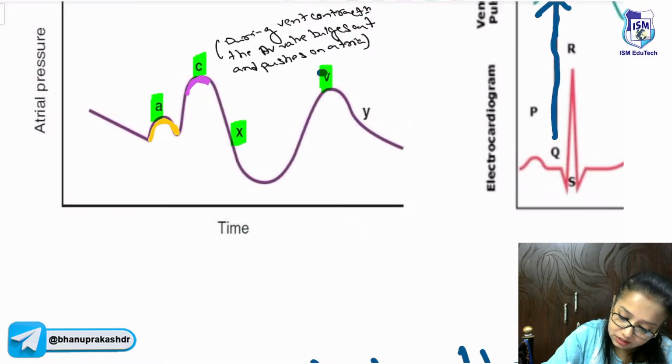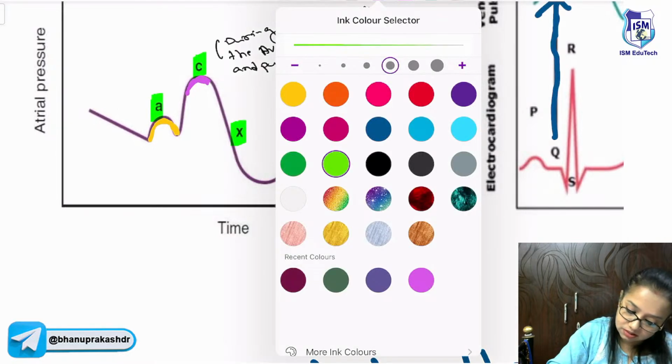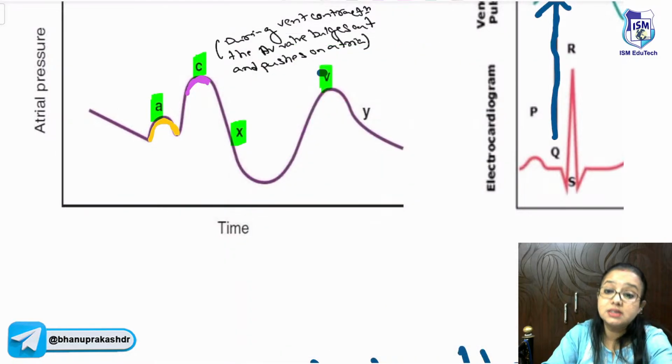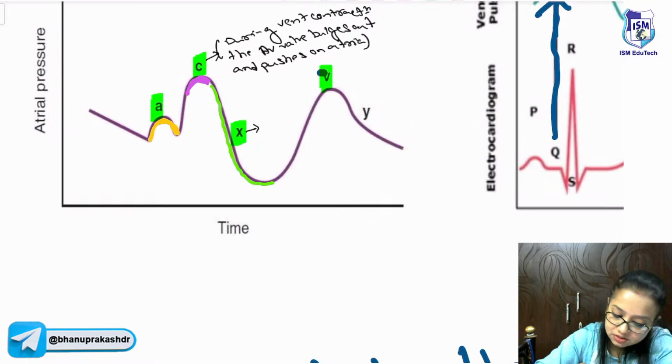Okay. Now this X descent. So X descent is like a free downfall, right? What is causing this X descent? Here it is called the vacuum effect.